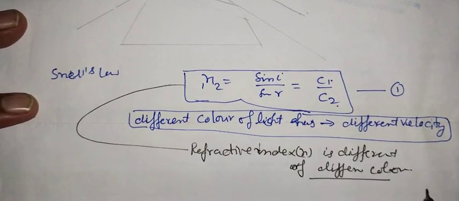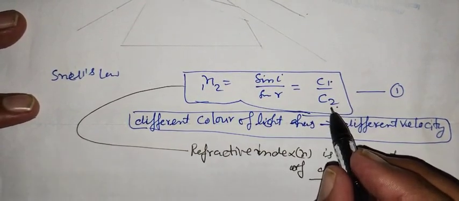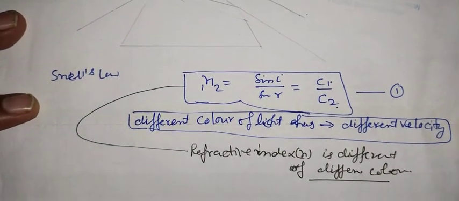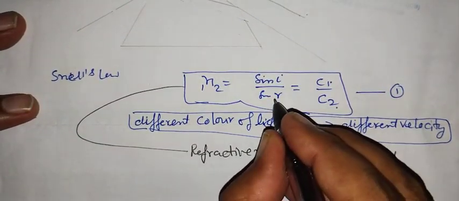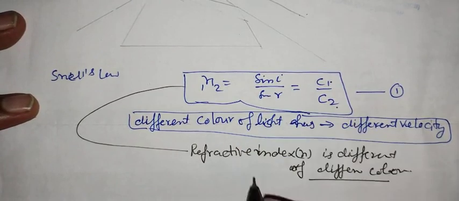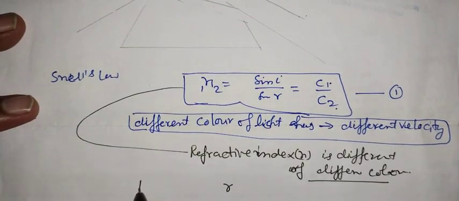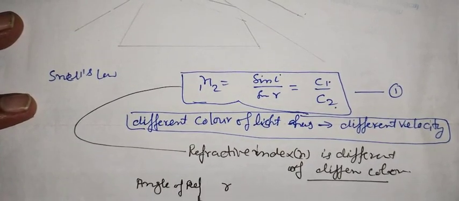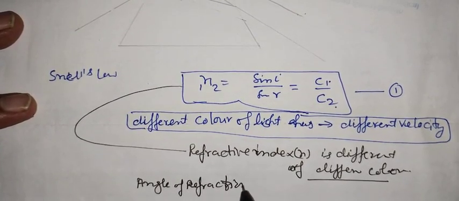See very carefully, because different colors have different velocity, so in a medium, due to that, the angle of refraction, see Snell's law, angle of refraction r is different.